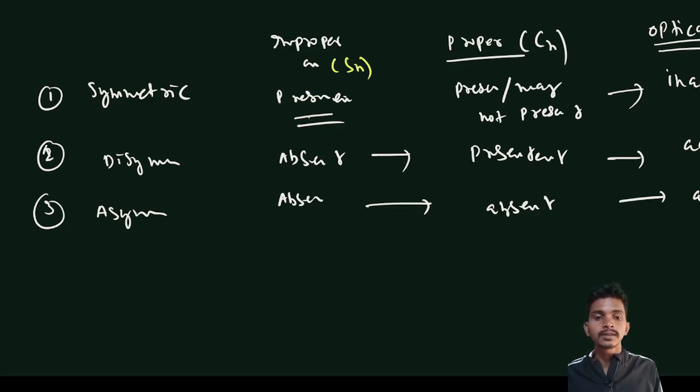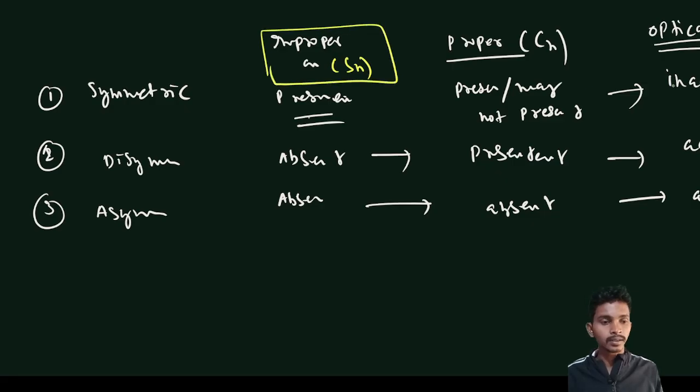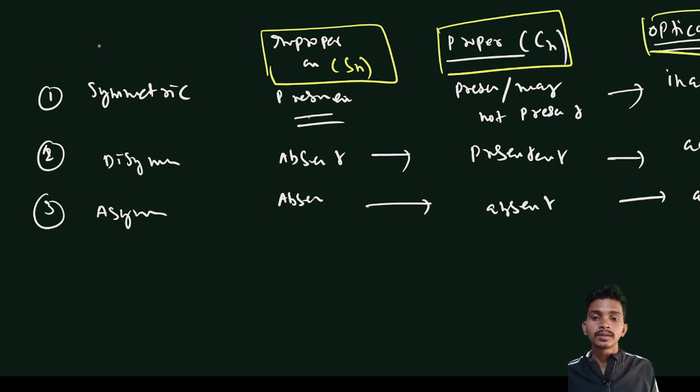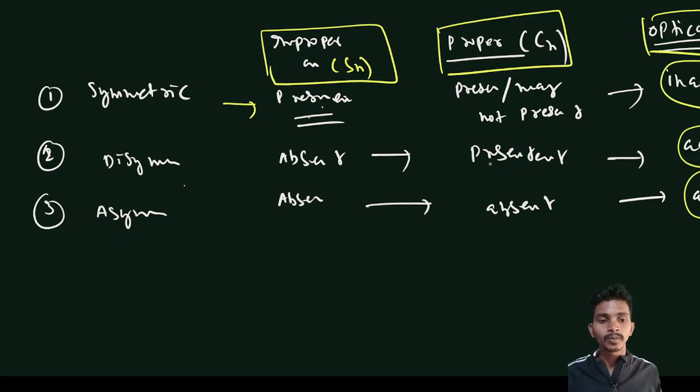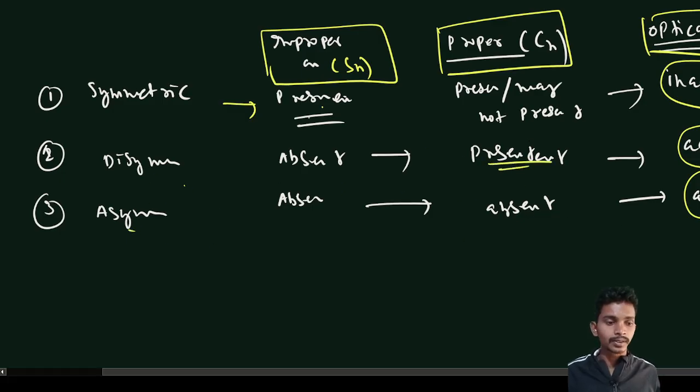If it is present, the molecule is always inactive, and if it is absent, it is always active. For dissymmetric, a proper axis is present; for asymmetric, the proper axis is absent.